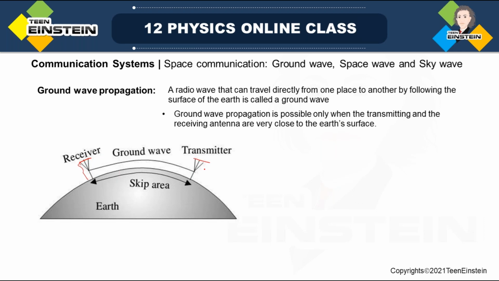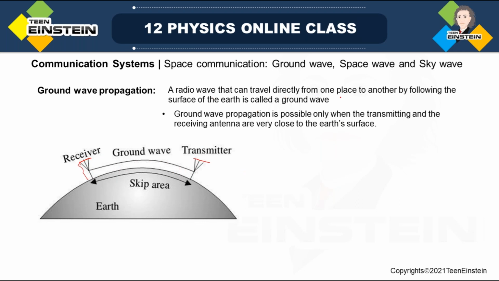So generally radio communication is done through this ground wave. Let us see. This transmitted wave will follow the curvature of the earth, as you see from here. This is how the wave will propagate from one antenna to another antenna.